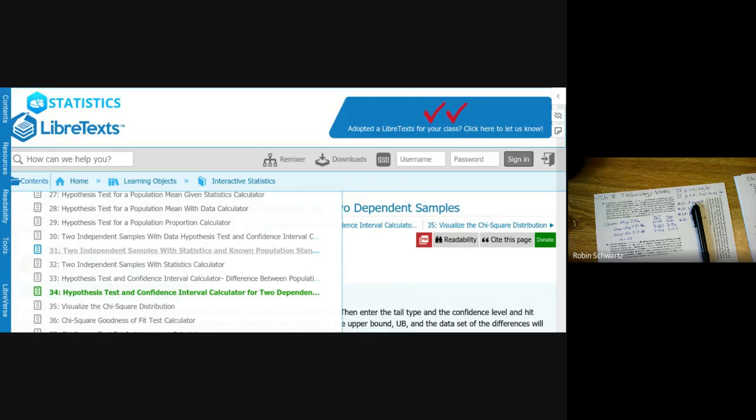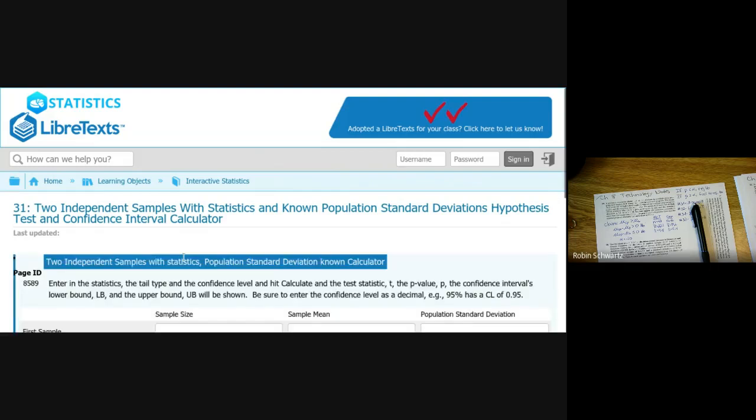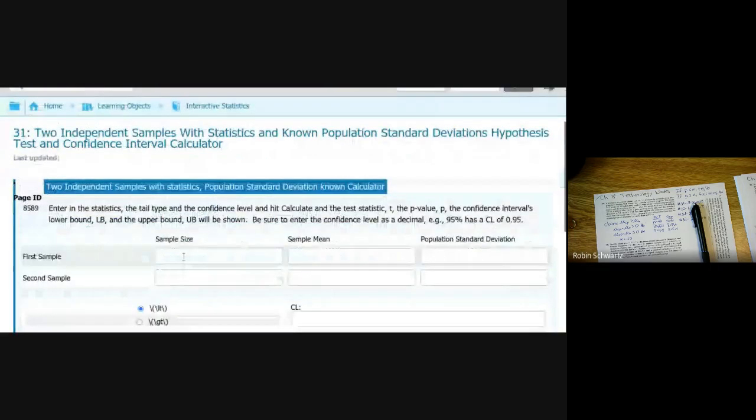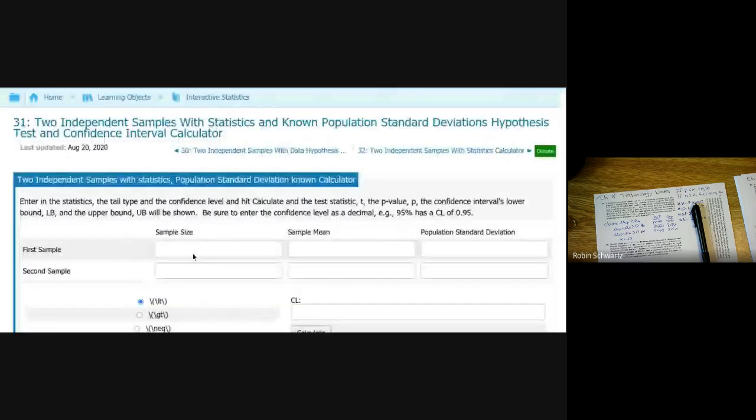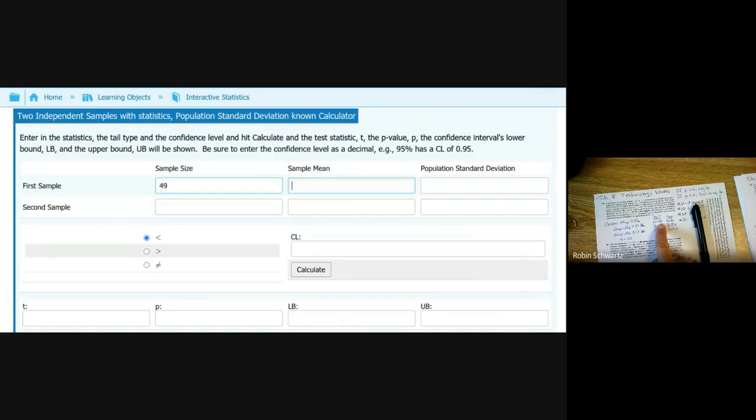So go to 31 and open up. So first sample, we have 49.